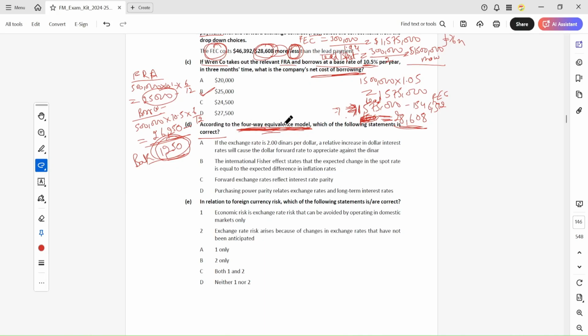Okay, so let's do the last questions. According to the four-way equivalence model, which of the following statements is correct?